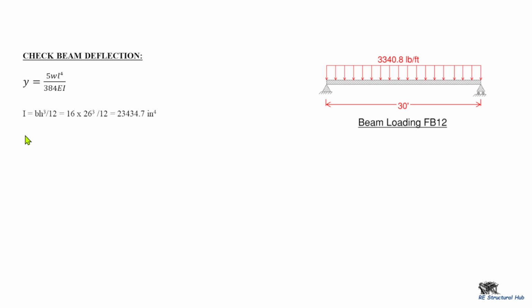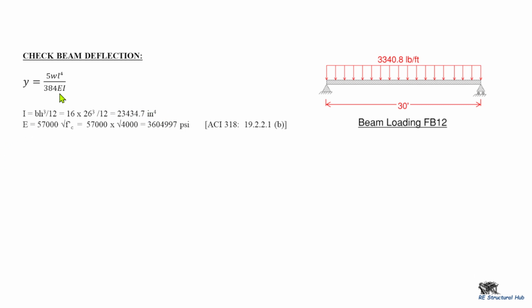So we have to calculate the moment of inertia of the beam, which is BH cubed over 12. Our beam is 16 times the height 26 cubed divided by 12. That will give us this value.